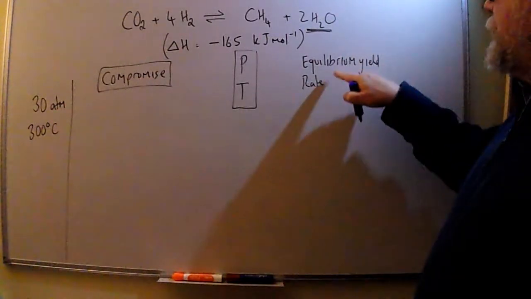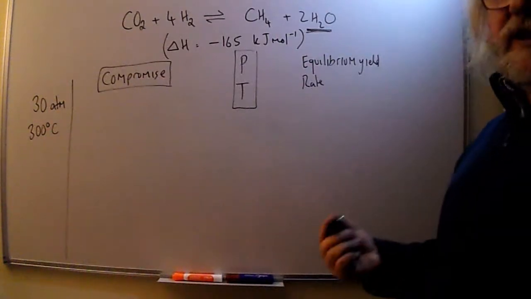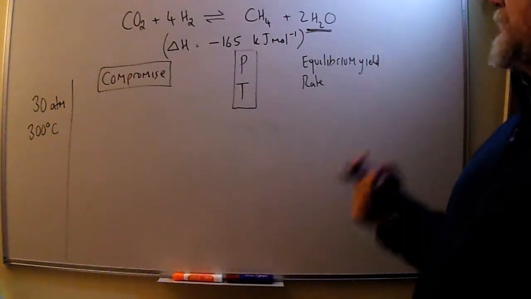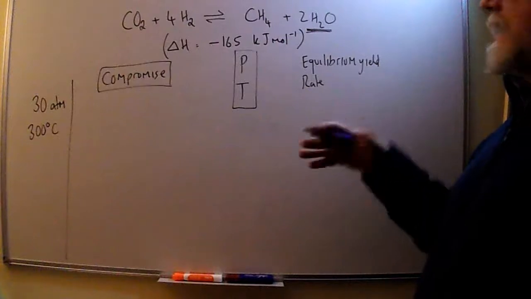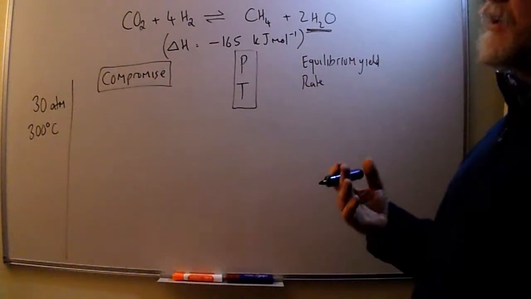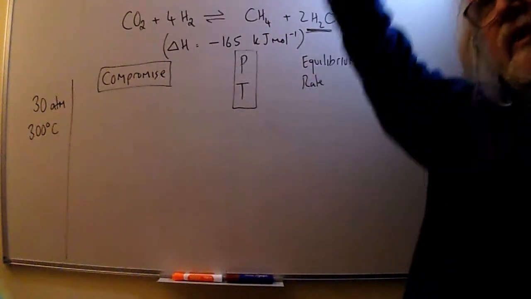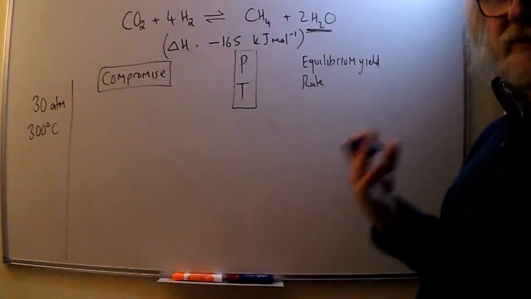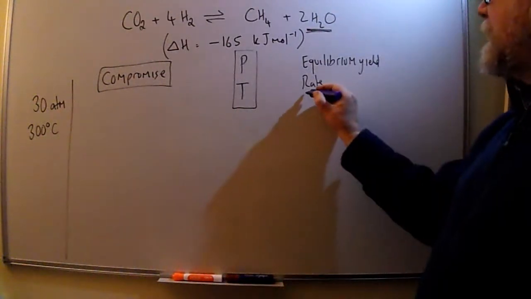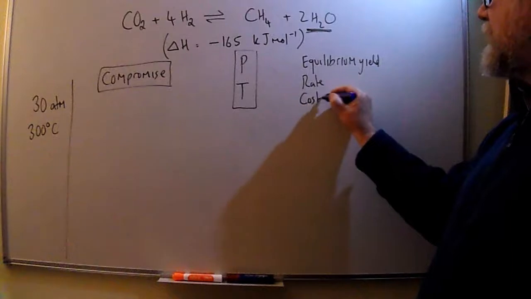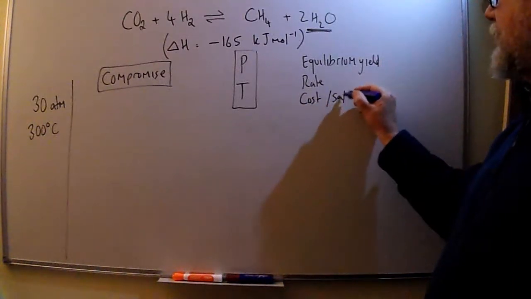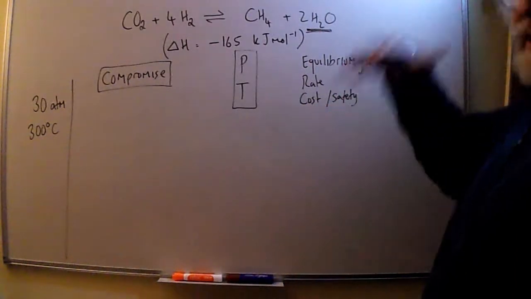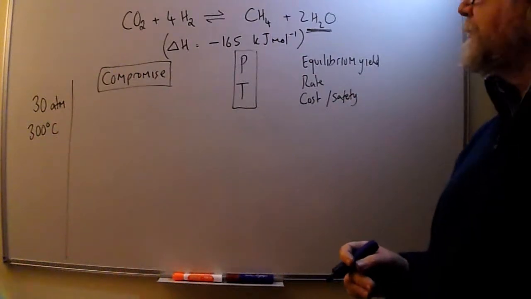And sometimes both of these agree with each other, so for example if they both say yeah you want high pressure, you have to think, well yeah, but why wouldn't you go to incredibly high pressure? There must be some limit on that. And so sometimes you need to consider cost and safety as issues which might put a limit on what you want to go to.